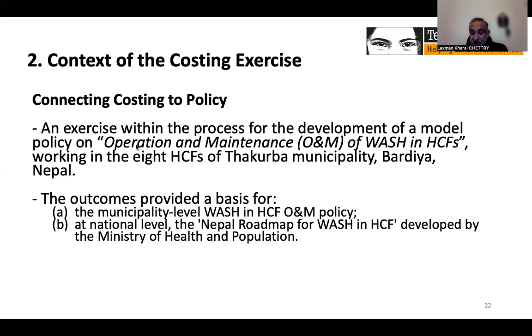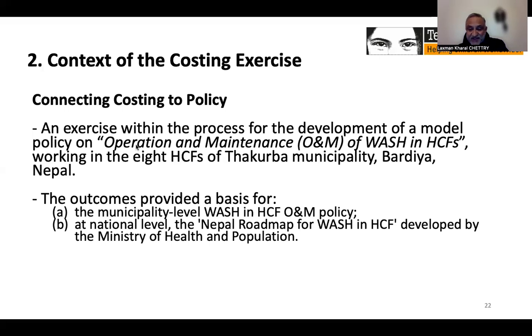For the second slide, here we are talking about the context under which this costing exercise was carried out. We conducted this costing exercise as part of our work to develop a model policy for advocacy. Actually, it was advocacy for operation and maintenance, but later it was linked to budgeting, which will come later.